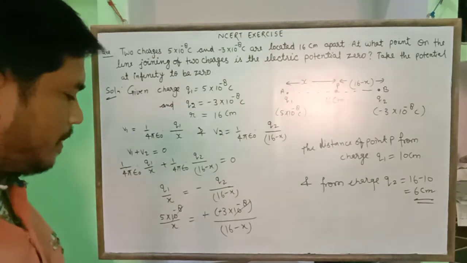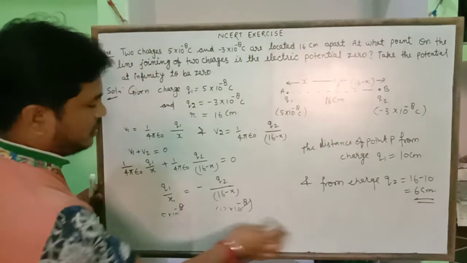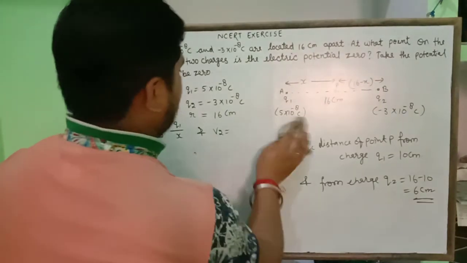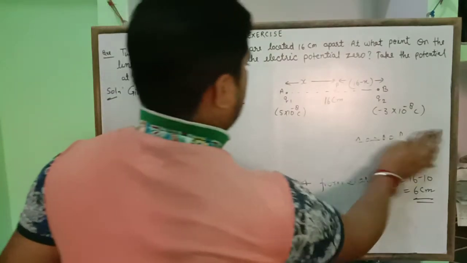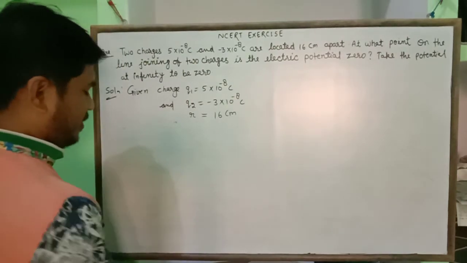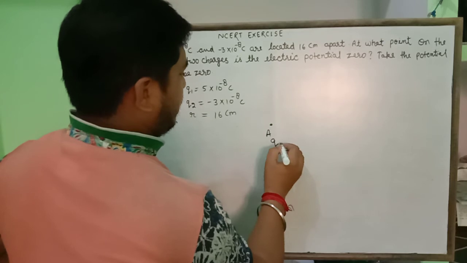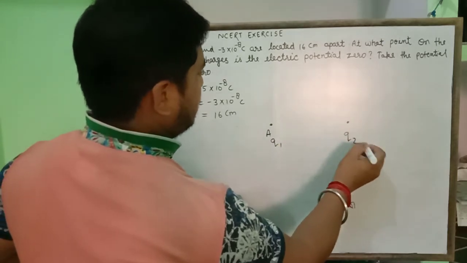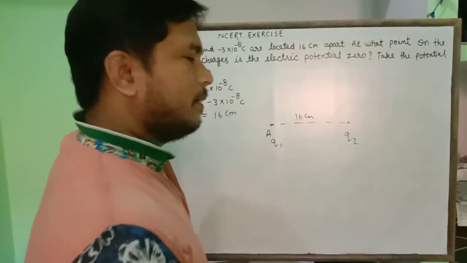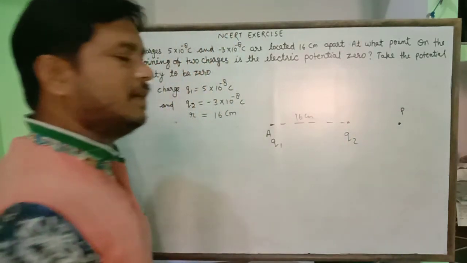Okay, dear student, and in this question we can also take the P point outside the joining line. Suppose this is the charge Q1, this is the charge Q2, the distance is 16 centimeter. We can also take the point P outside the line.